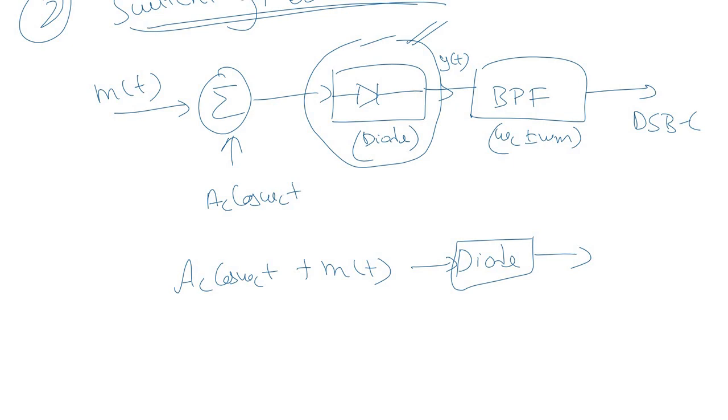It will be on when the signal is positive, off when the signal is negative, forward biased and reverse biased. As simple as that. We'll use the same concept here. The diode will act as a switch, used instead of a square law device. That is the difference between the two methods.